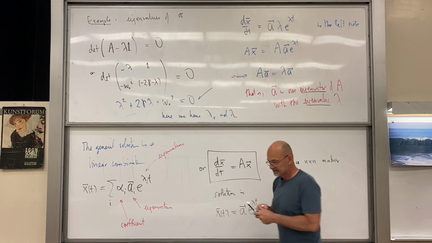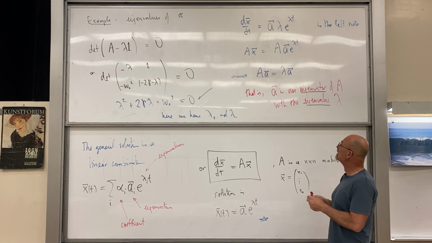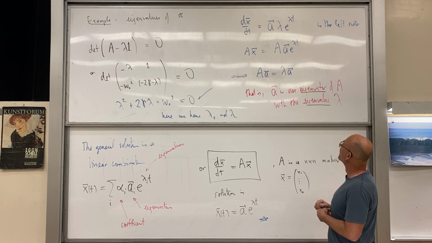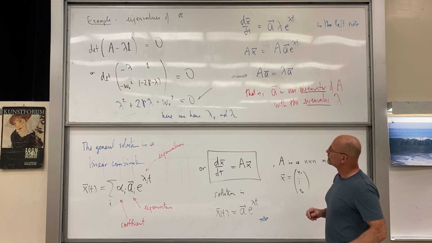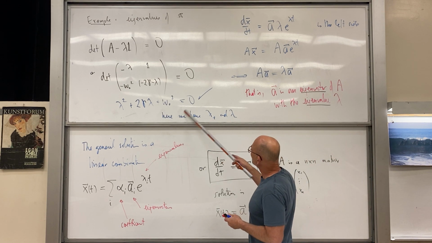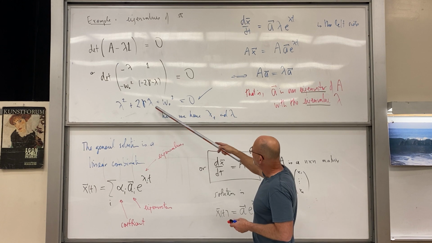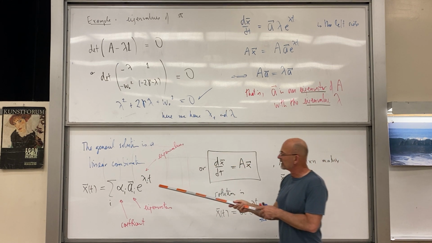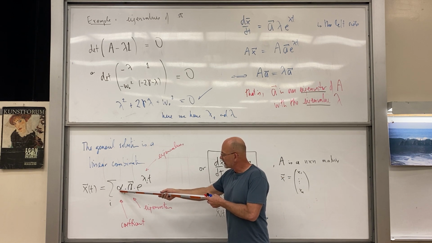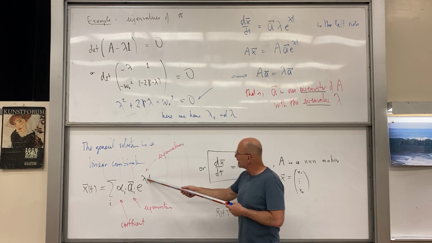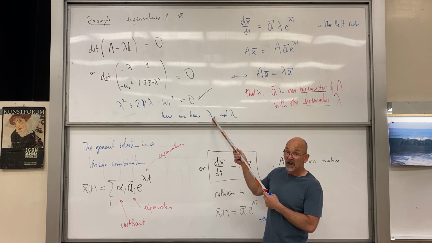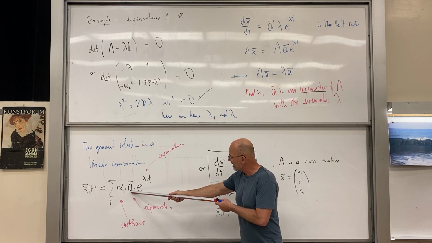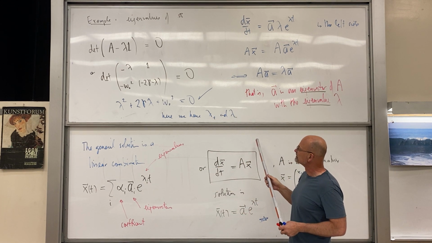Okay, so that's pretty great. Make sure you recognize what we just did here. We found both eigenvalues. We could have a sum of alpha sub 1, a sub 1, e to the lambda plus, and then another eigenvector, e to the lambda minus.